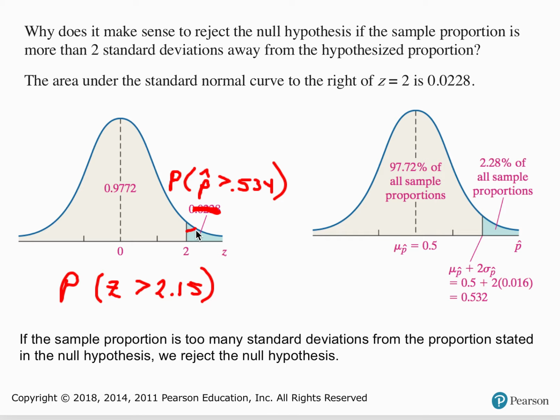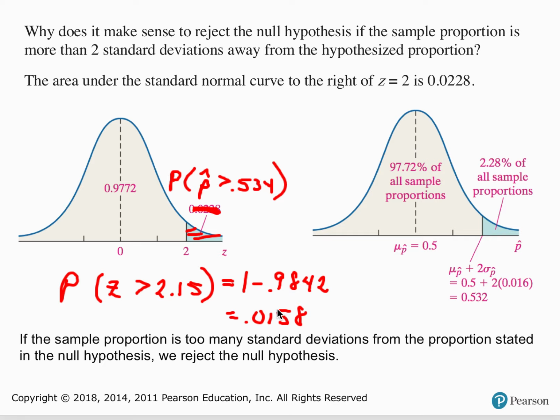But again, we're looking at a right-tailed test. So 1 minus 0.9842 gives us 0.0158. So we have a p-value of 0.0158.